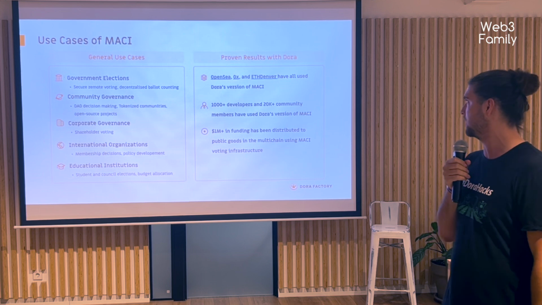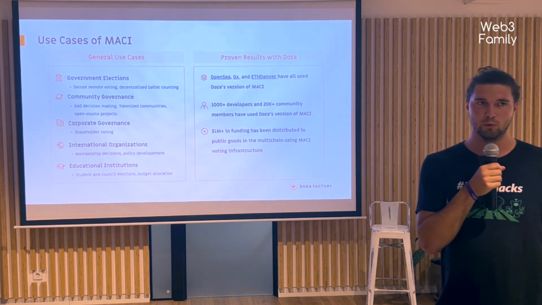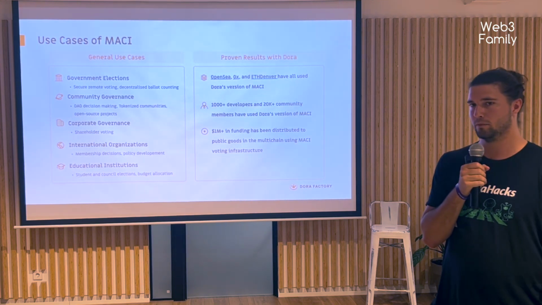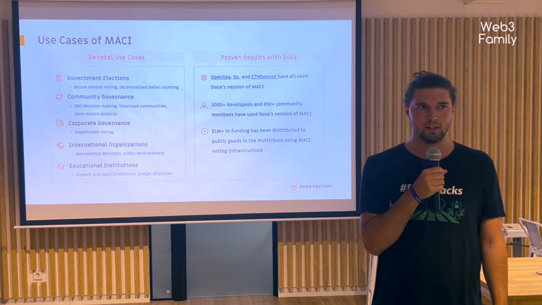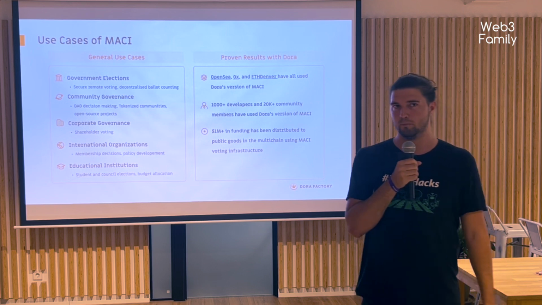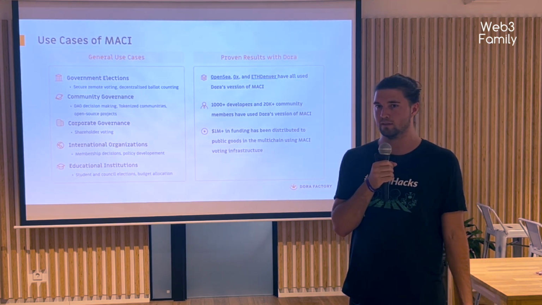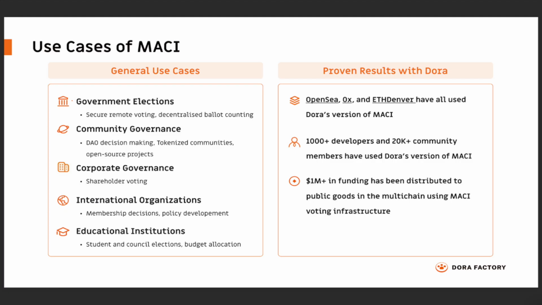We can discuss more. At DoraHacks, we supported a lot of different communities at the OpenSea hackathon, as well as the 0x hackathon at ETH Denver, and also at ETH Vietnam. Most recently, we've used MACI where we distributed more than $1 million in funds, and more than 1,000 developers and more than 20,000 community members have used MACI.